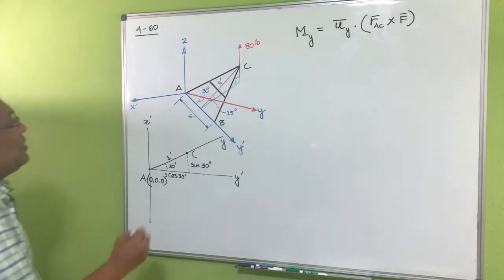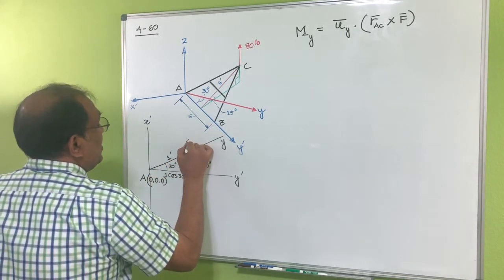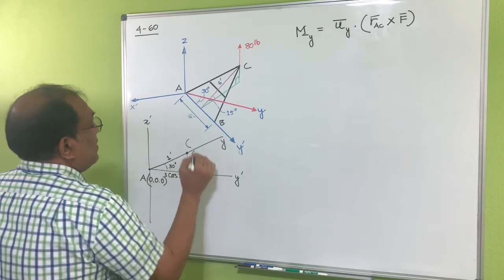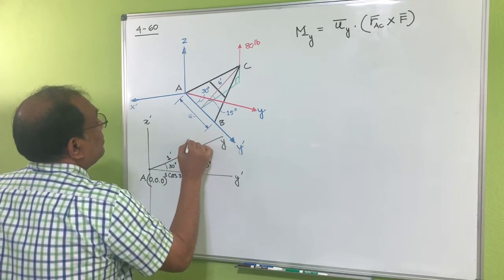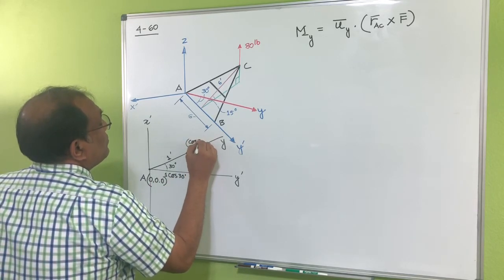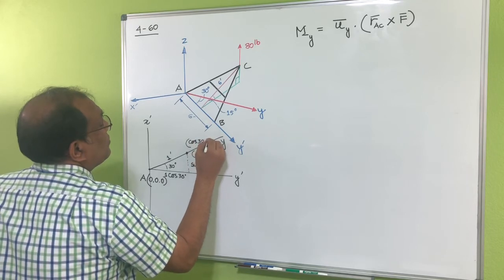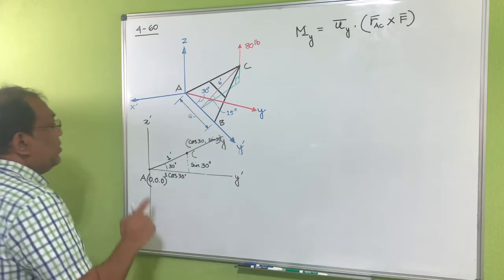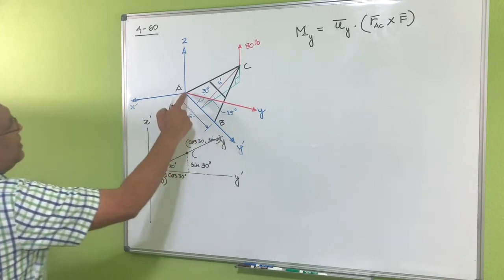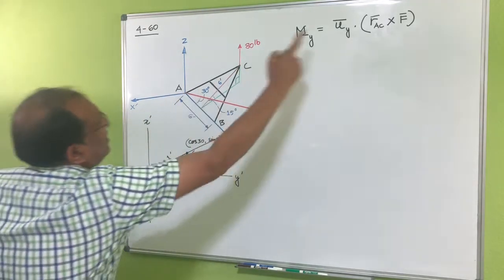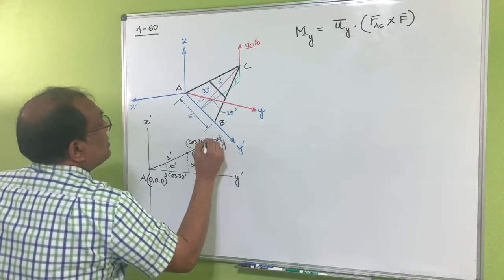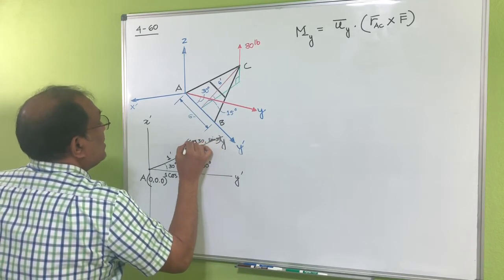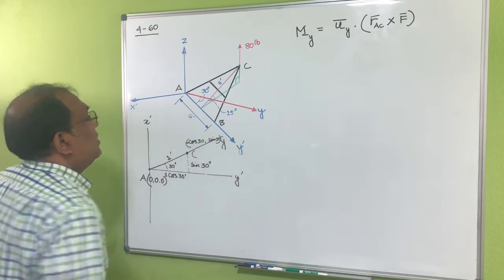So the location of that point is basically cosine 30 and sine 30. But you can see in this figure, this is my x here, so the other side, this one x has to be negative sign here.